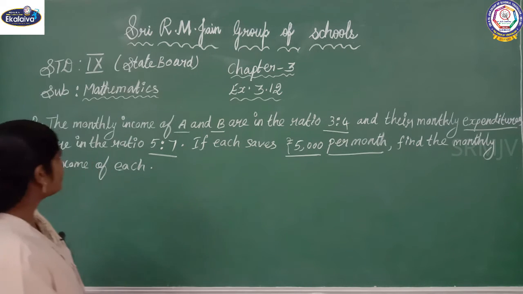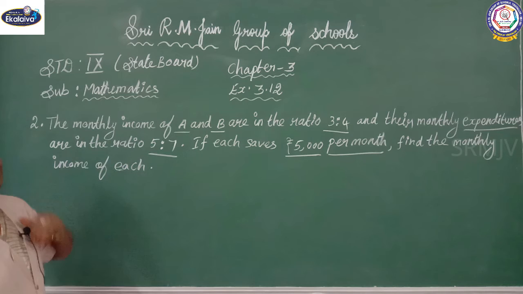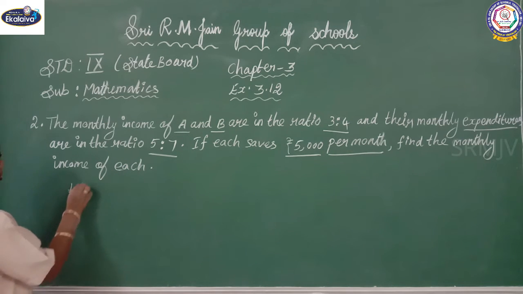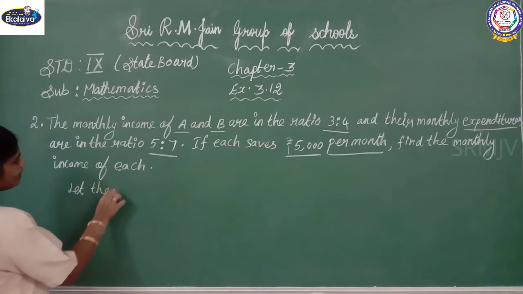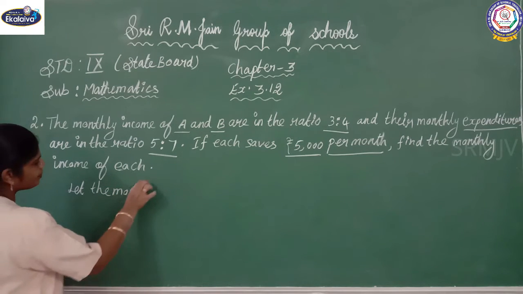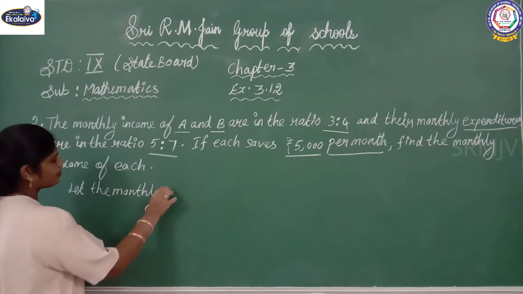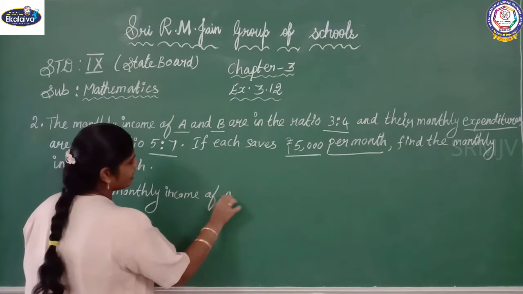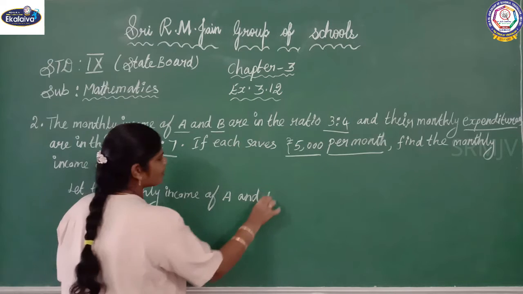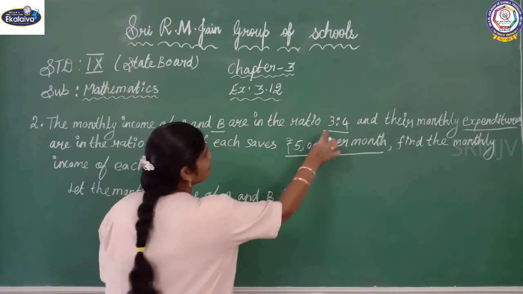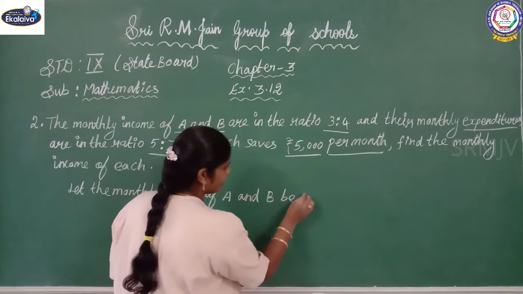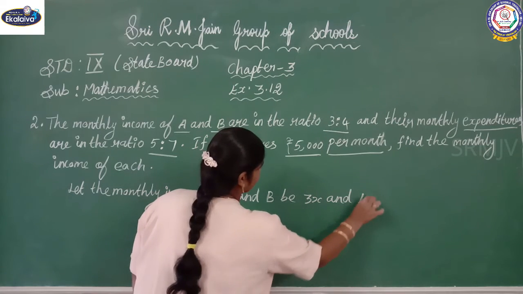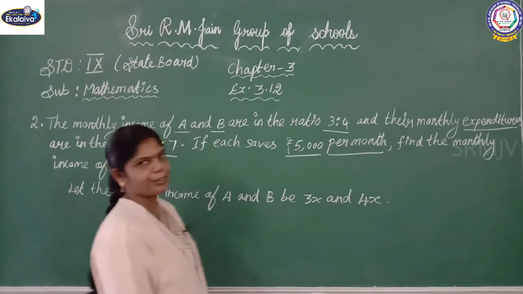Children, see here the ratio is given. Let the monthly incomes of A and B in the ratio 3:4 be 3x and 4x, because this is the value we are going to find.